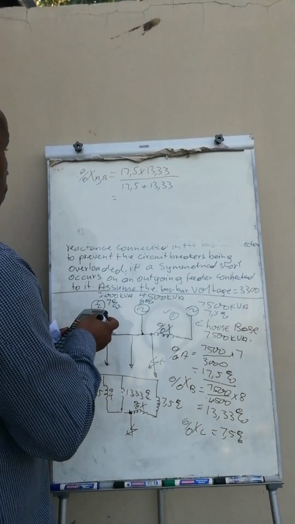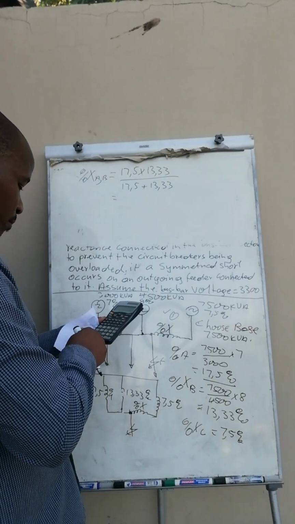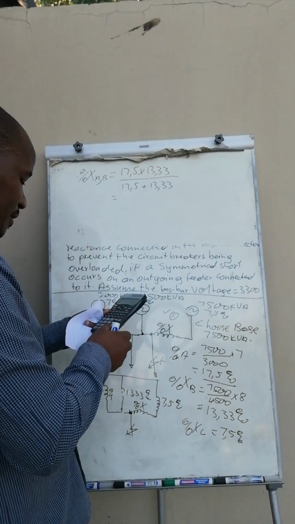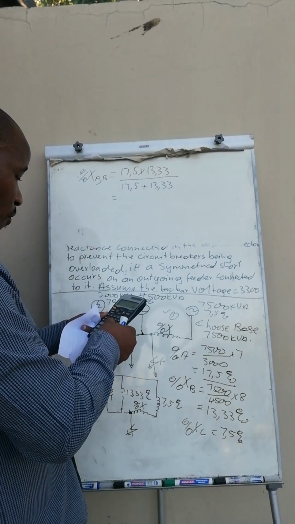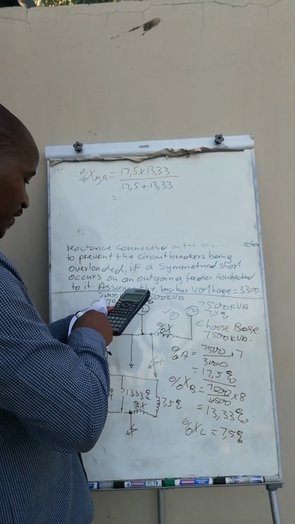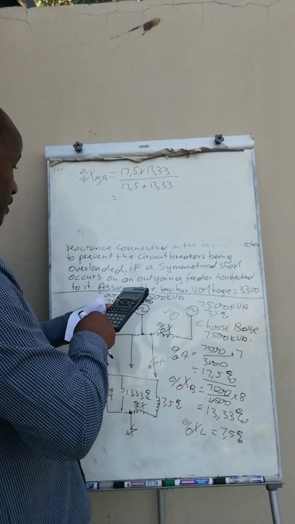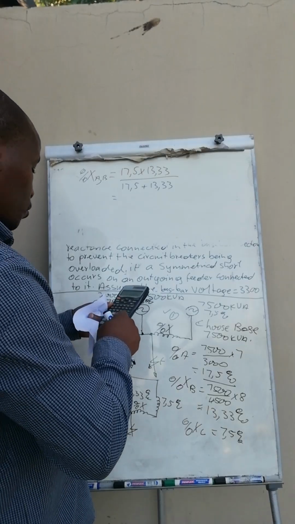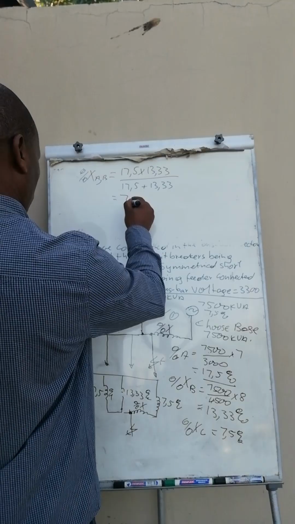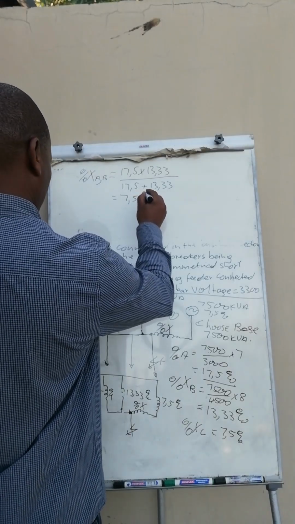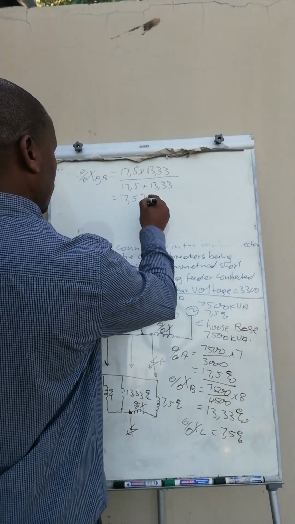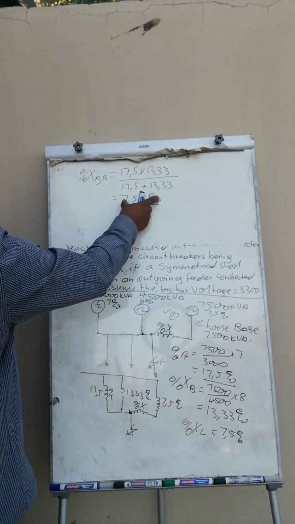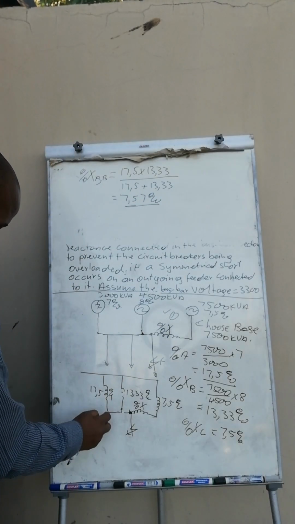Is equal to 17.5 multiplied by 13.33, answer divided by open brackets 17.5 plus 13.33, is equal to 7.557%. This is the percentage reactance of this parallel branch, this one.